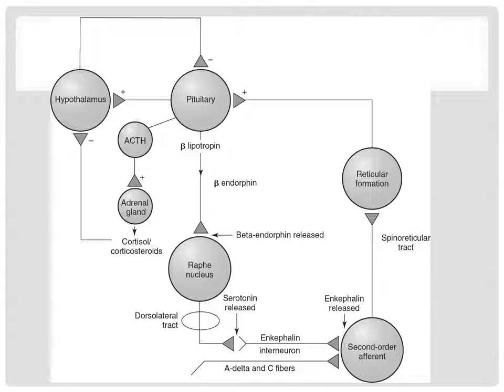So the idea here is that you have your physical agent that will stimulate the A delta fibers, and by virtue of stimulating those A delta fibers, you're going to stimulate areas in the supraspinal region and also other areas of the brain. You see also here you have the hypothalamus and the pituitary.